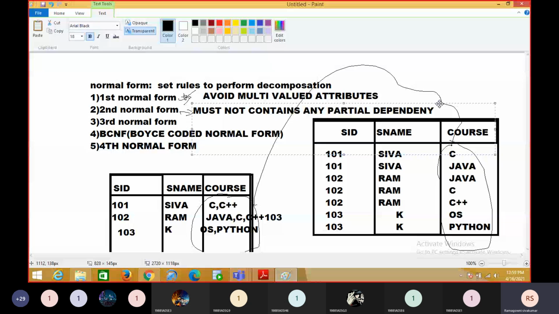That means you should be fully dependent on the candidate key. Okay, remember this point.